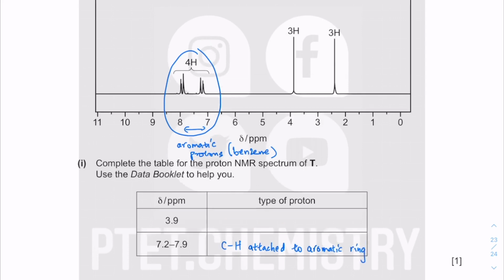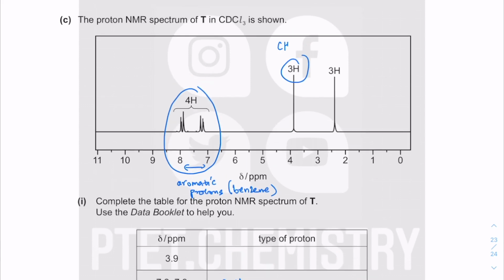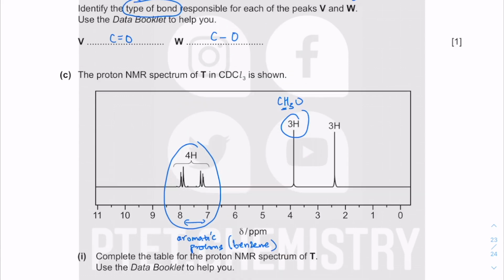Okay, and in the case of this 3.9, that is pretty high. At 3.9 we're probably looking for an alkyl next to an electronegative element, because this looks more like CH3O, which is consistent with the mass spec in the previous part of the question.